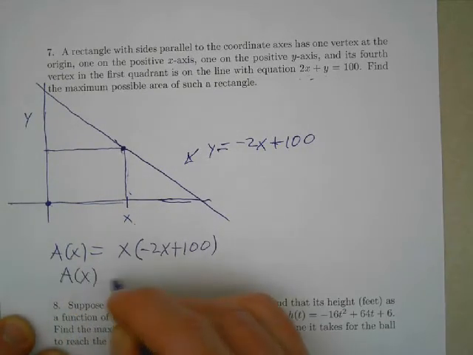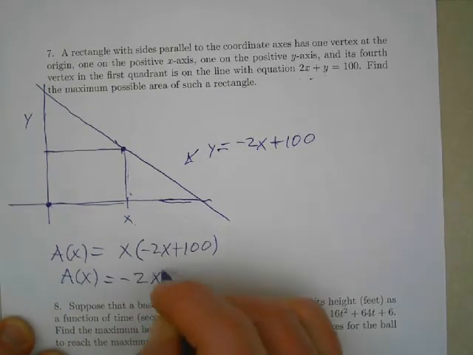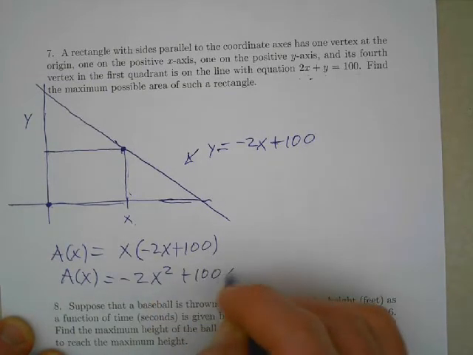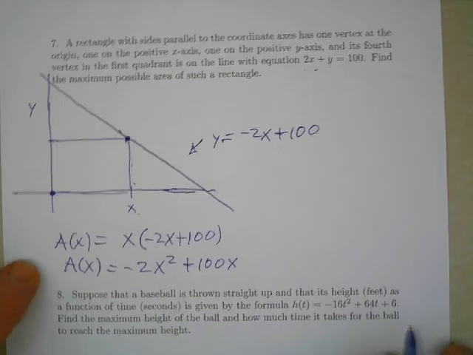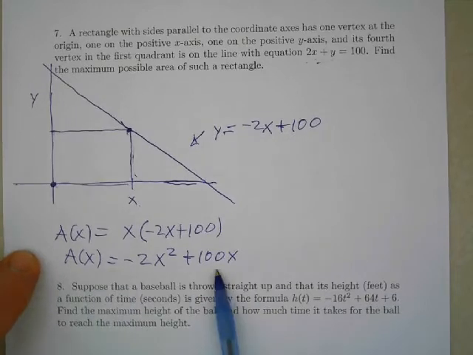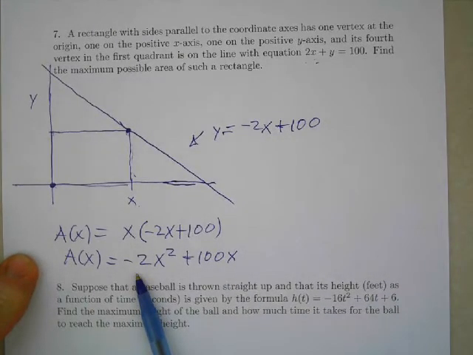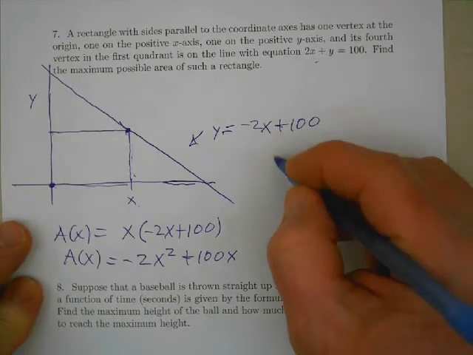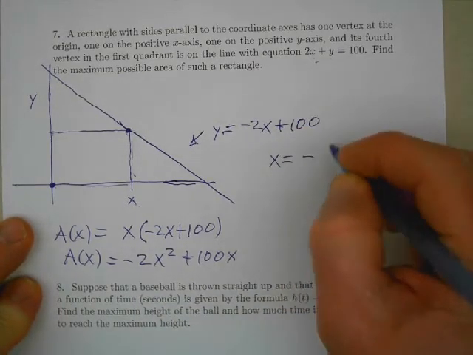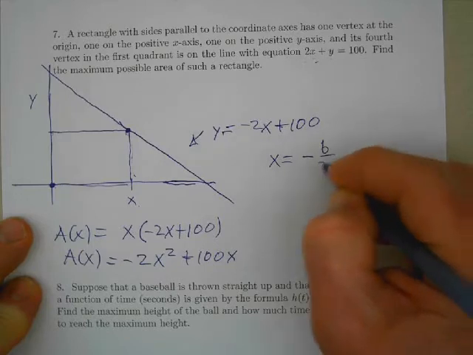So the area of that rectangle is x times -2x plus 100, or -2x squared plus 100x. Okay, this quadratic function has a leading coefficient that's negative, so it does have a maximum value, and the maximum value occurs when x is -b/2a.